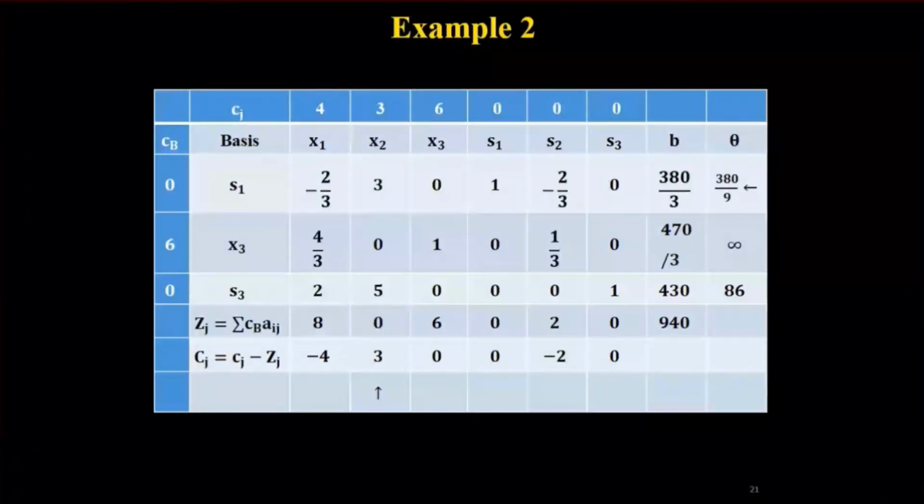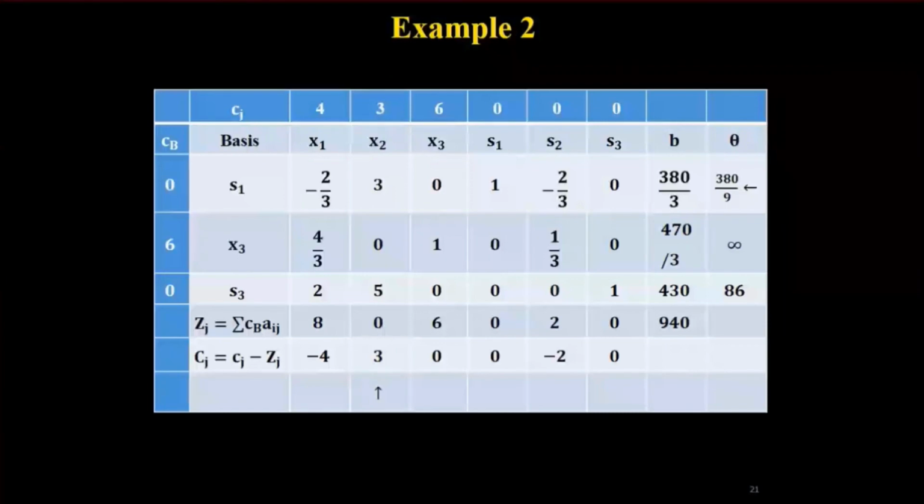Here you can see the key column is the x2 column, and the key row is s1. So s1 will be replaced by x2, and in a similar way we have to continue until all the capital Cj values are negative or 0.